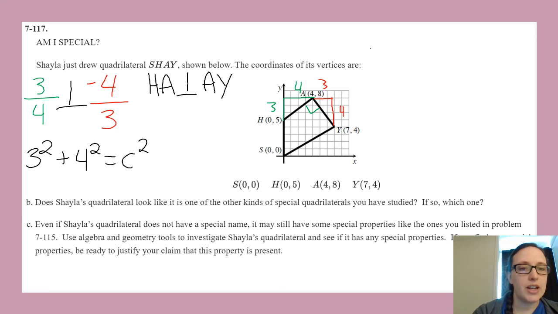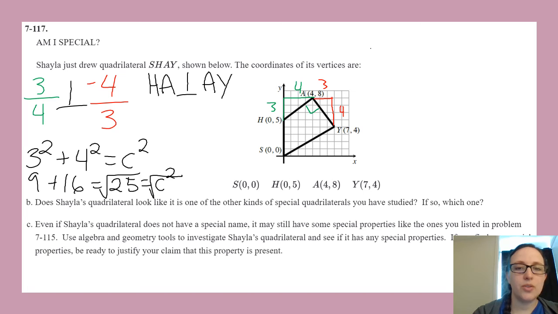So 3 squared is 9, 4 squared is 16, 9 plus 16 is 25, and so that's what is equal to c squared, and then we want a square root. So the hypotenuse is going to be 5, so HA equals 5, and AY, the length is 5.